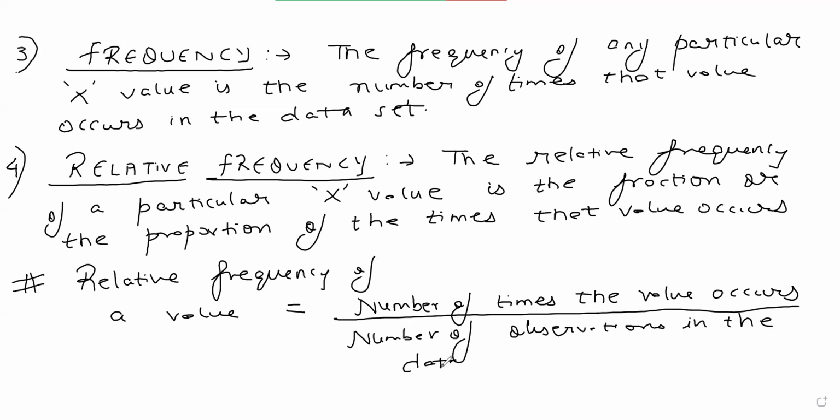I will be doing a numerical based on this, where we are going to find the relative frequency, but very simple. Relative frequency is the ratio of the number of times that particular X value occurs divided by the total number of observations in the data set. Okay, so hoping that all students have understood this. Then let's look at constructing a histogram now.